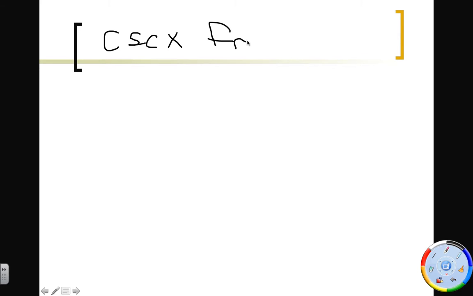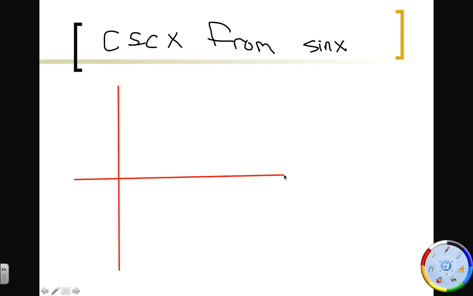And we're going to move to graphing cosecant from sine. I'm going to start with the basic one period, maybe a little bit more, of sine.